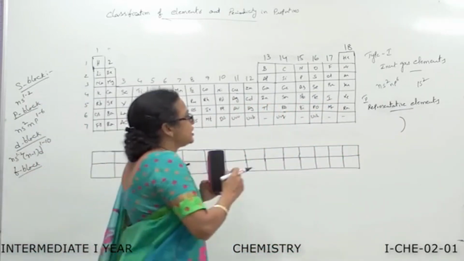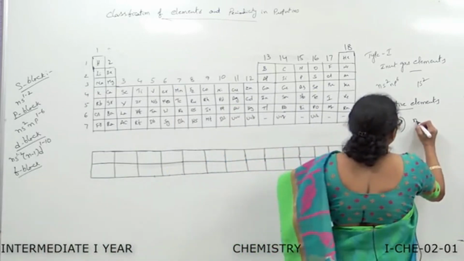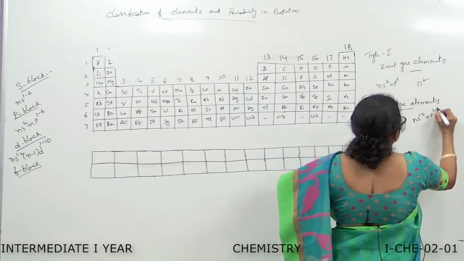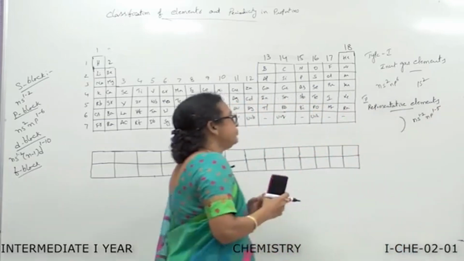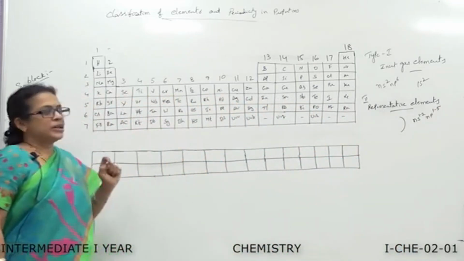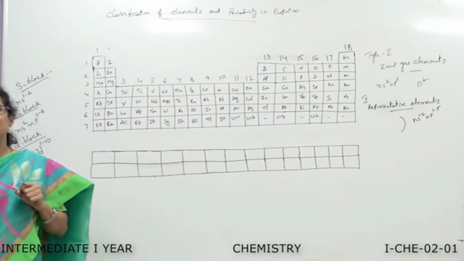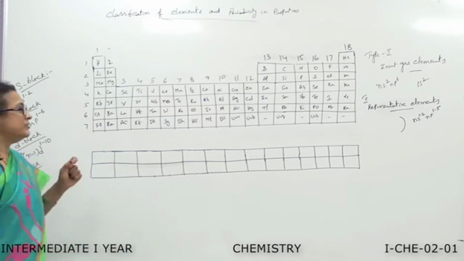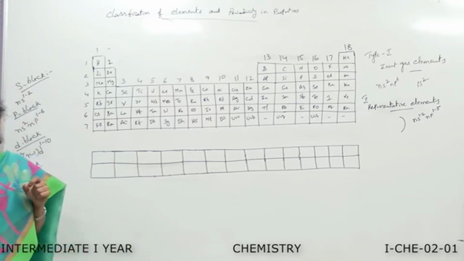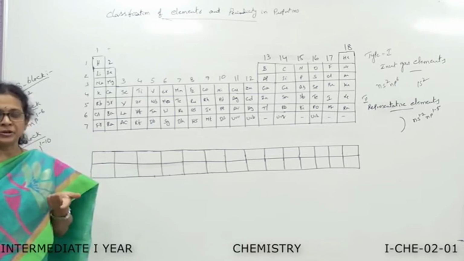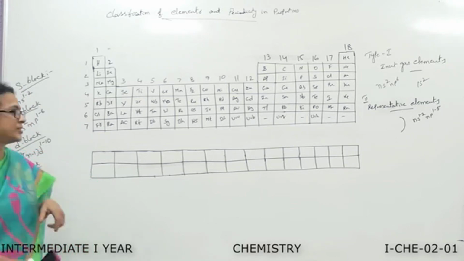The general configuration of these elements is ns1 to 2, np1 to 5. Most of the representative elements are metals, non-metals and metalloids. These elements participate in chemical bonding by sharing, accepting or donating electrons.